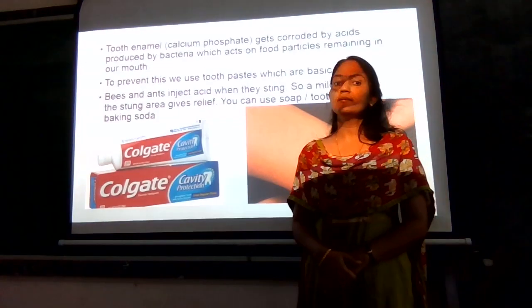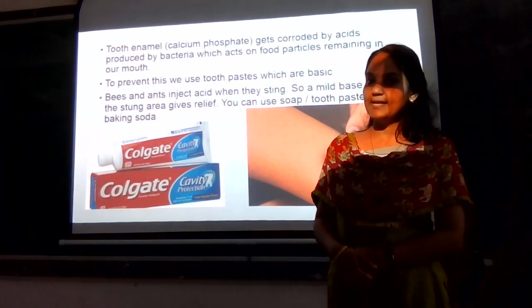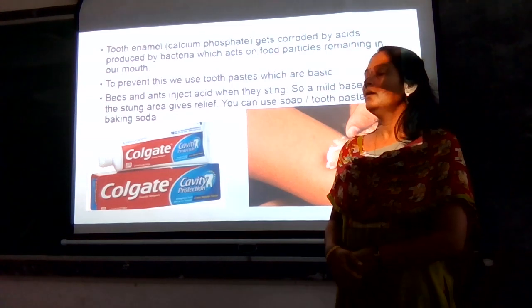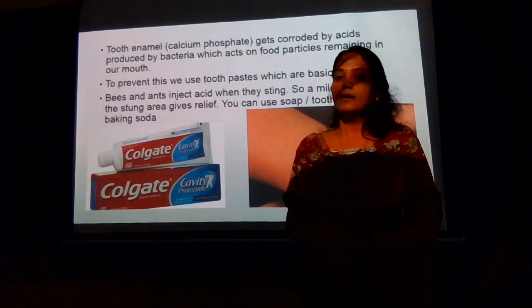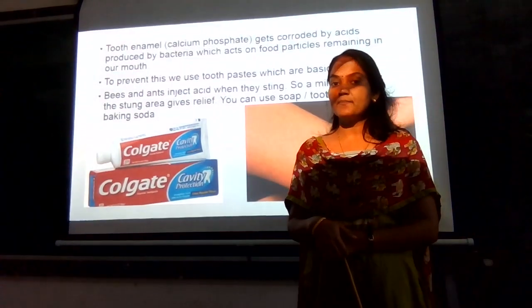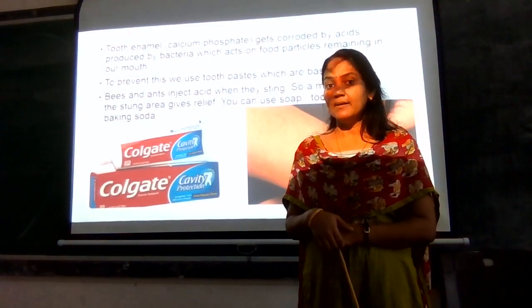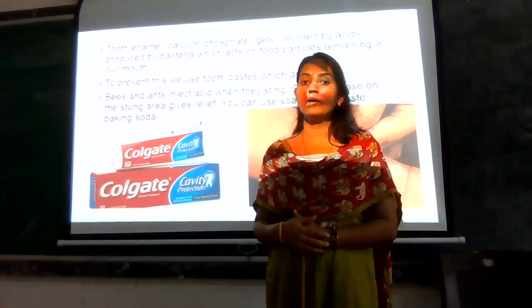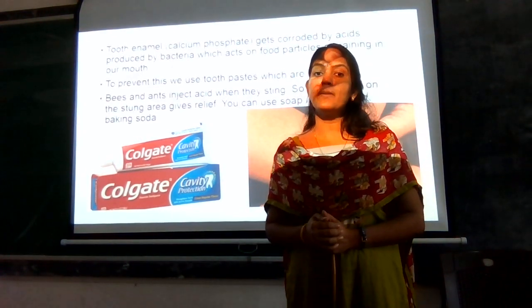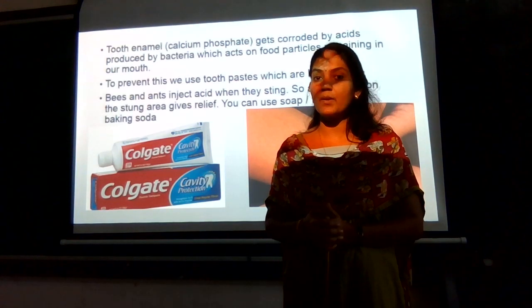pH can be considered a reason for tooth decay. Tooth enamel, which is made up of calcium phosphate, is one of the hardest substances in our body, but it gets corroded due to the action of acid, which is produced by bacteria present in our mouth.